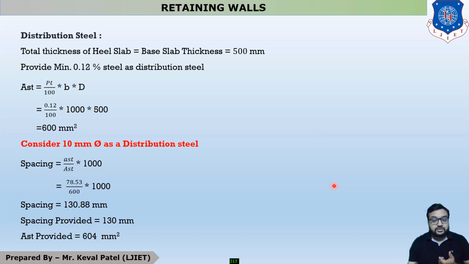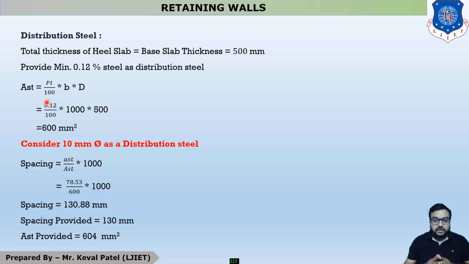So our total gross sectional area means PT into B into capital D, because our capital D is the total depth, which is equal to 500 mm, divided by 100. So our value of PT is 0.12, B is 1000 mm, capital D is 500 mm, divided by 100, so we will get 600 mm square, which is AST required.